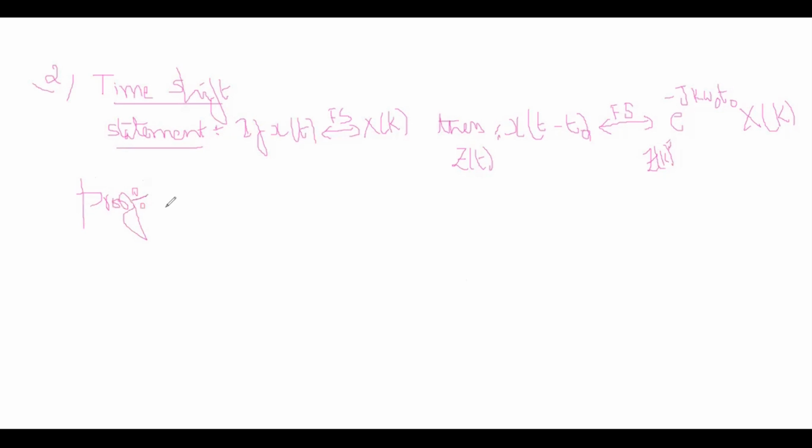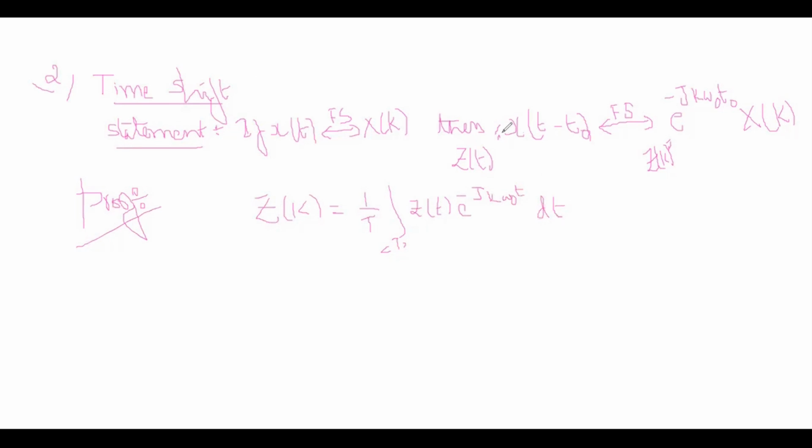Coming to the proof, we know z of k is equal to 1 by T the integral of z of t e power minus jk omega naught t dt.